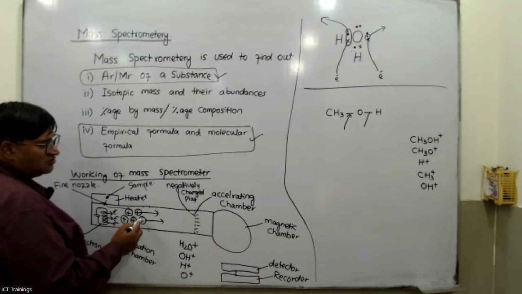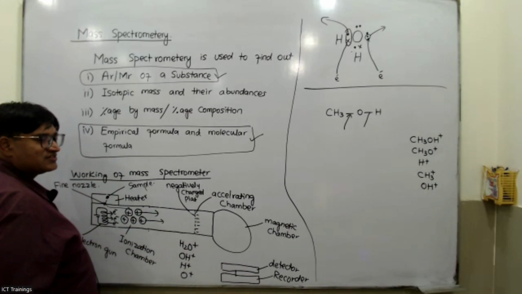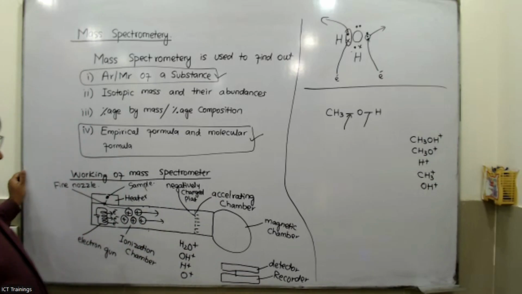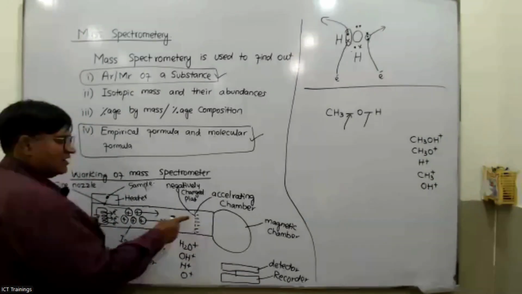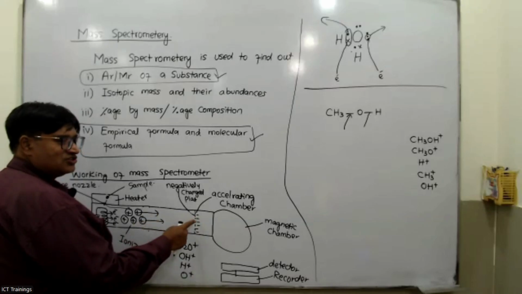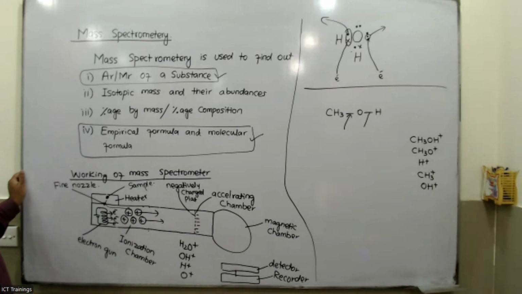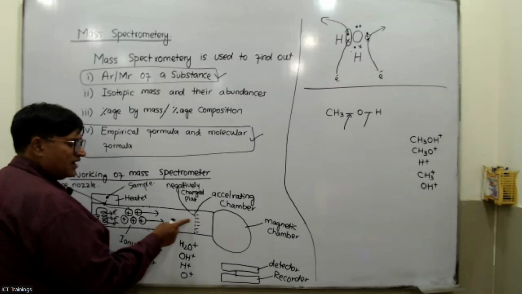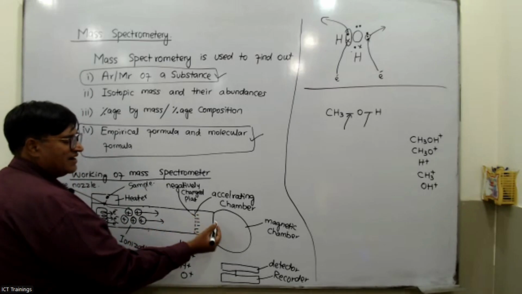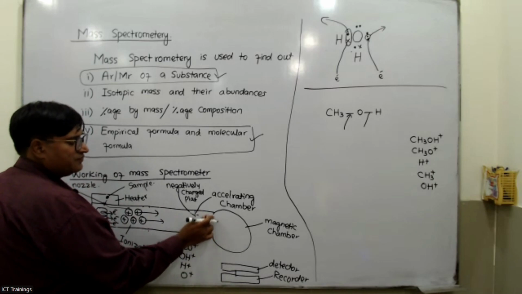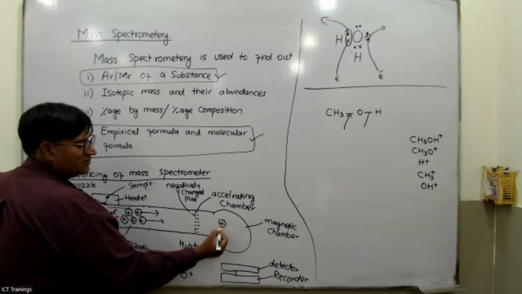Okay, so these positive ions are attracted towards this negatively charged plate. So when they come close to the plate, some of the positive ions got too much speed, so they would pass through these holes and enter into the magnetic chamber.